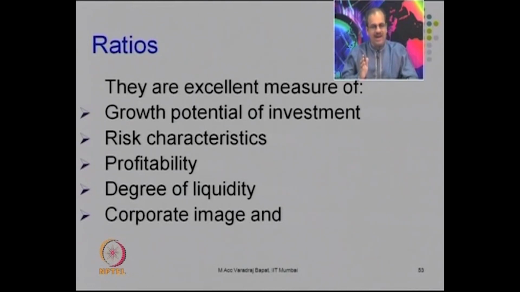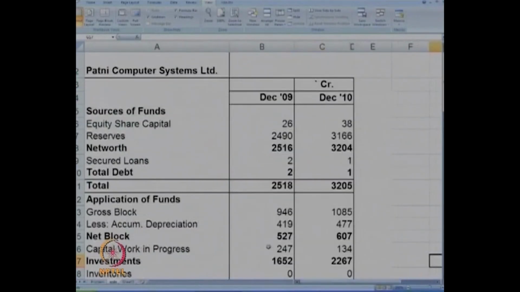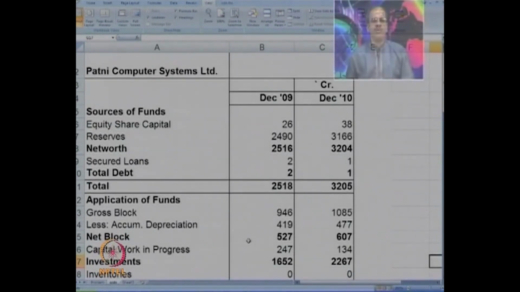Now, let us look at a real life case. This is the financial position of Patni. I hope it is visible to you. This is the balance sheet of Patni Computer Systems.